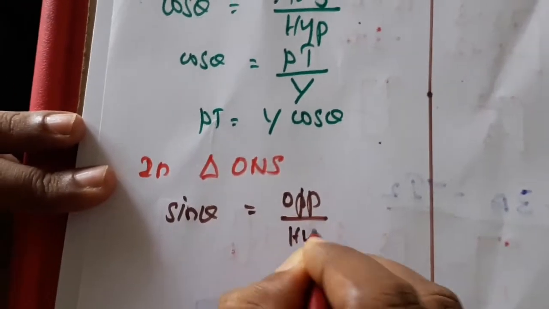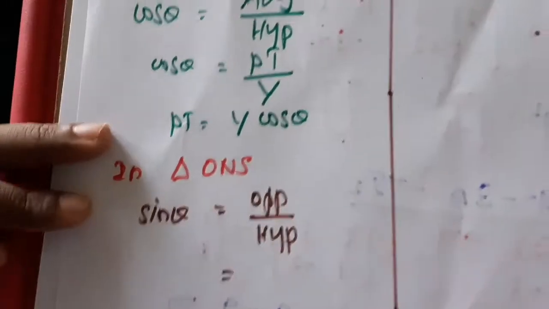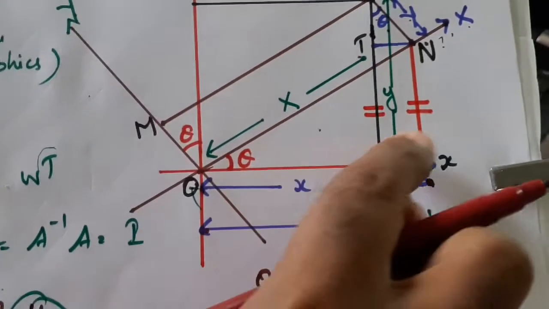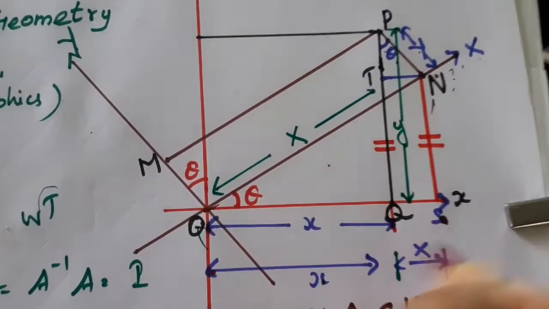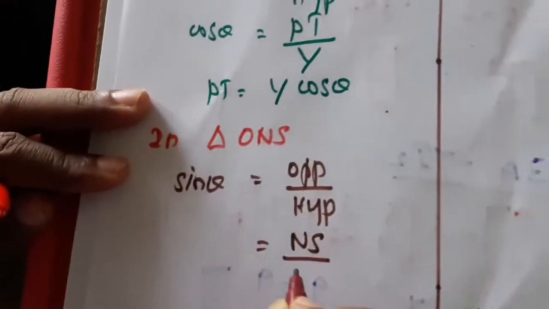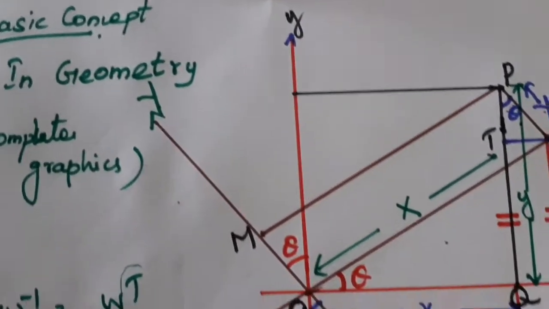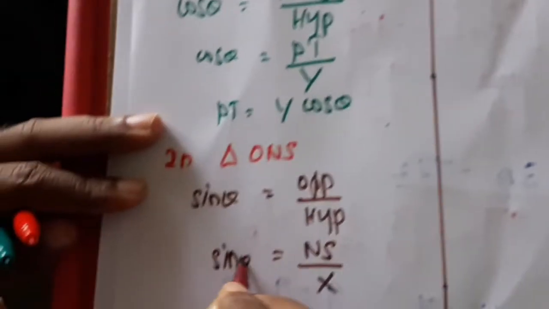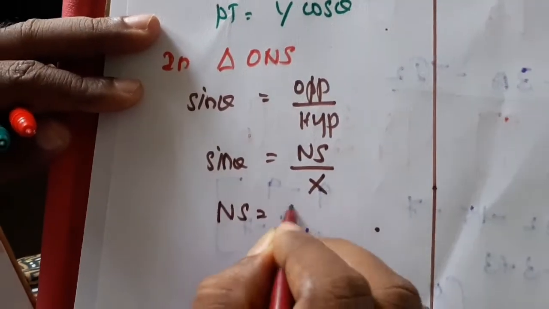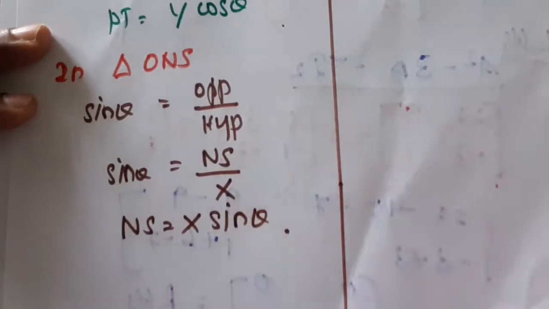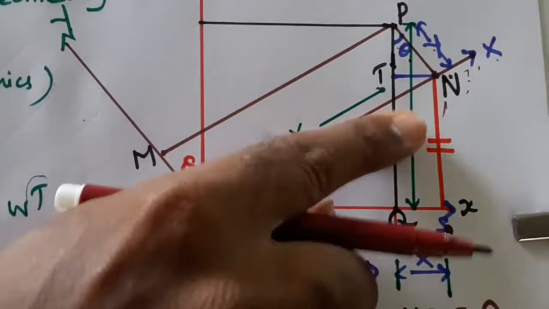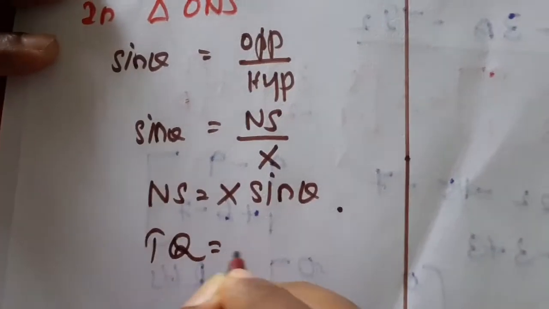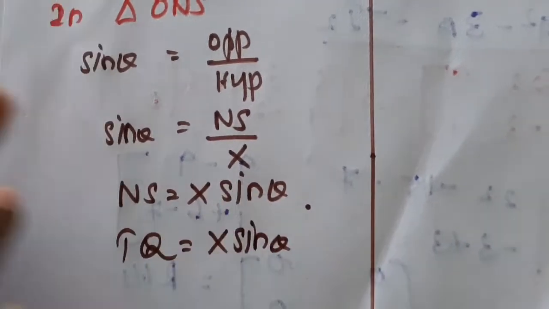Opposite in ONS means NS. NS divided by the hypotenuse, the biggest side, capital X, is sin theta. Therefore NS is equal to capital X sin theta. Already we know it is isosceles, so TQ will be equal to NS. Instead of NS we can write TQ. Therefore TQ is equal to capital X sin theta.